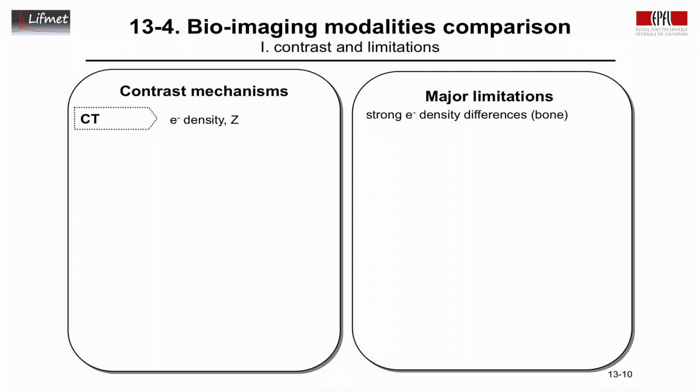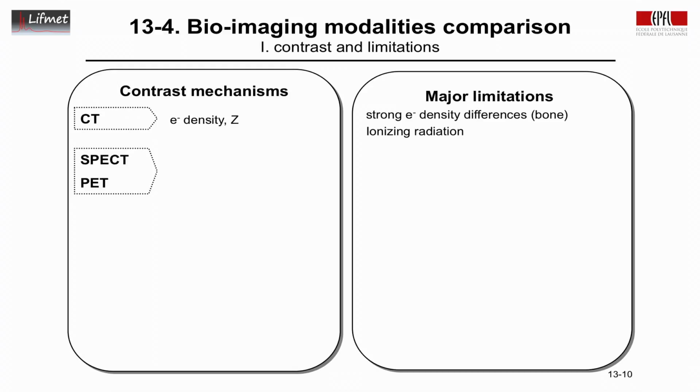It is essentially limited to strong electron density differences, so it's bone tissue or air tissue interfaces where we have strong electron density variations. The other limitation is that it uses ionizing radiation.